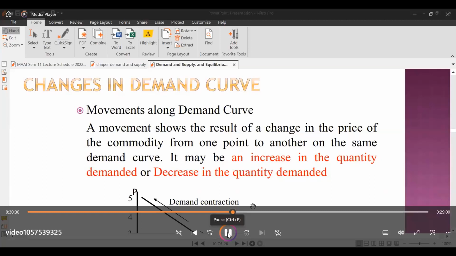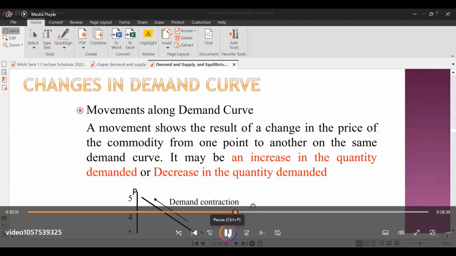So if we consider changes of the price and changes of the other factors, how do they change the demand curve?